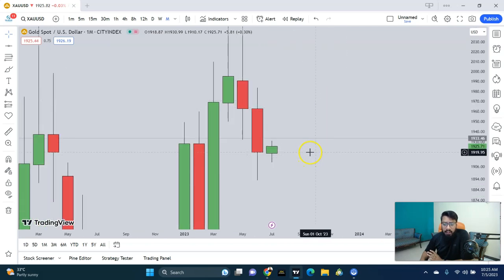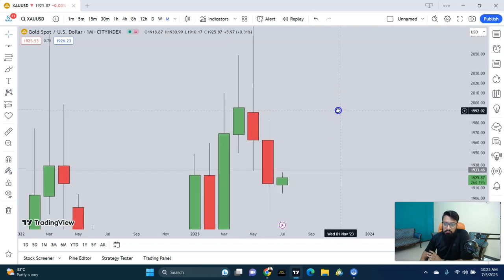So here you can see this is the low, 1892, and this is the high. In the same way we have analyzed weekly, you need to analyze the monthly level in the same manner.